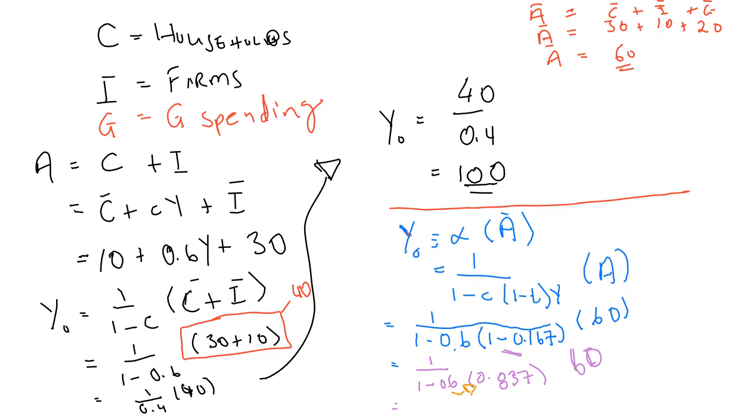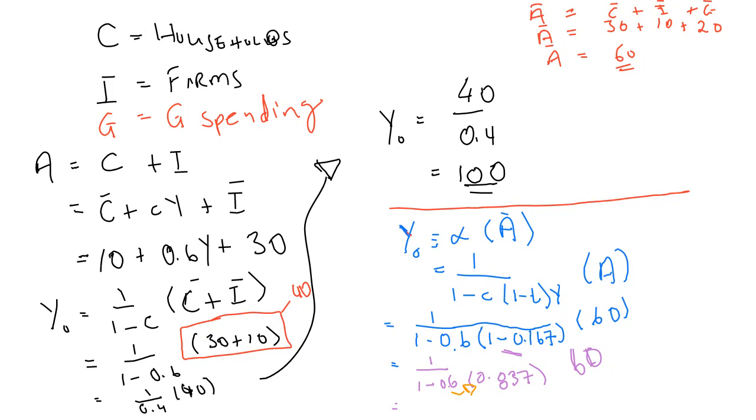Your 0.6 multiplied by 0.833, as you guys have indicated. 0.833 times 0.6.